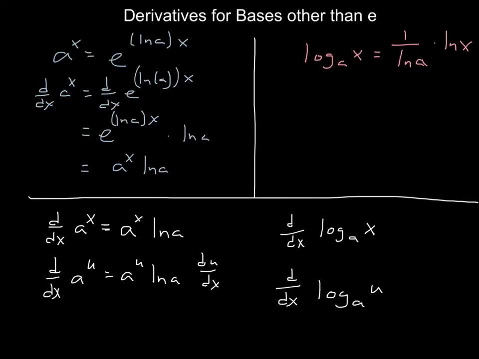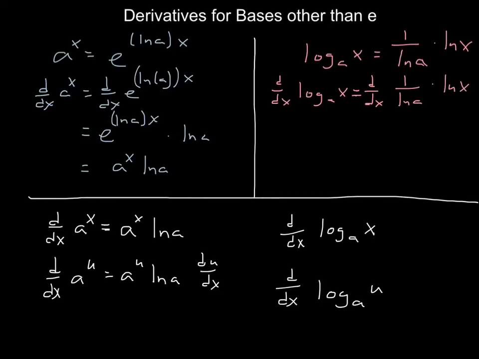Now let's take a look at the derivative for log base a of x. In this case, the derivative with respect to x of log base a of x is going to be equal to the derivative with respect to x of 1 over the natural log of a times the natural log of x.